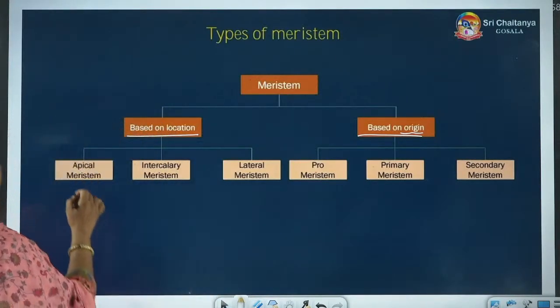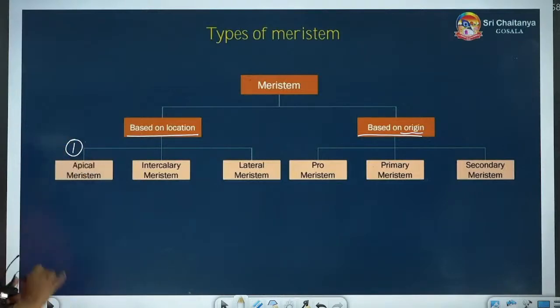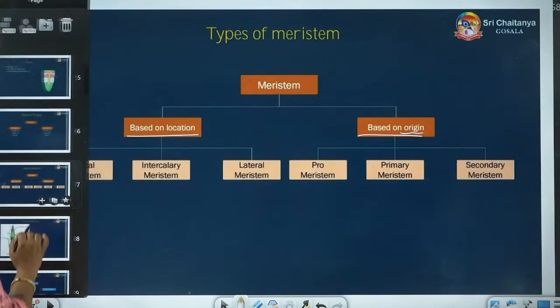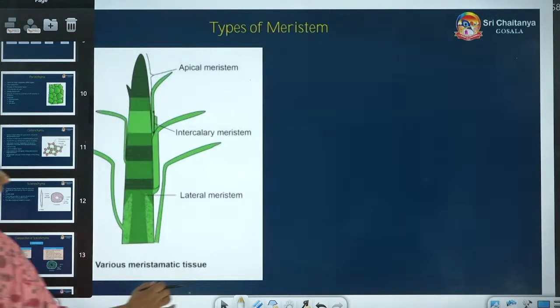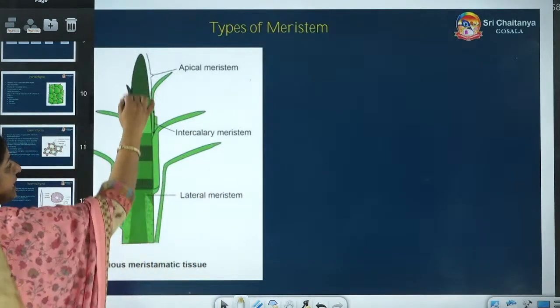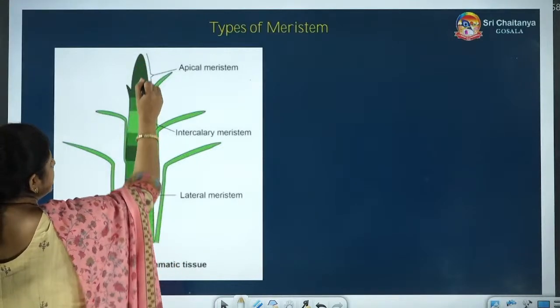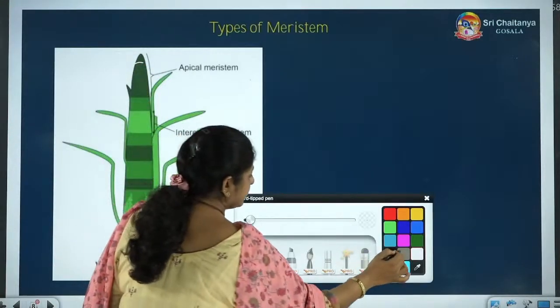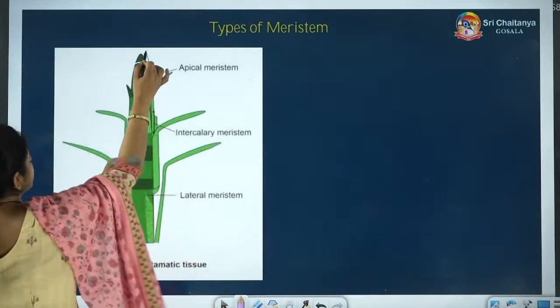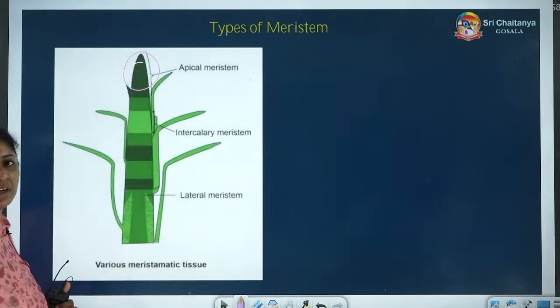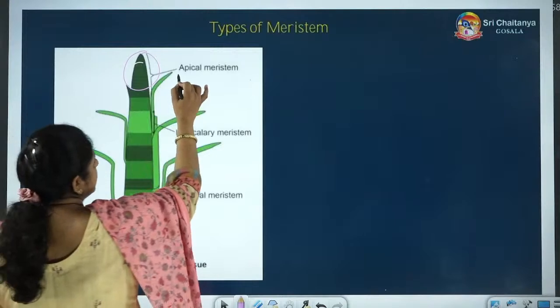First is apical meristem. Let me show you one slide for this. Can you see here? This is the stem part, and in that stem part the meristem region is at the upper side. This is the apical meristem, on the upper side.